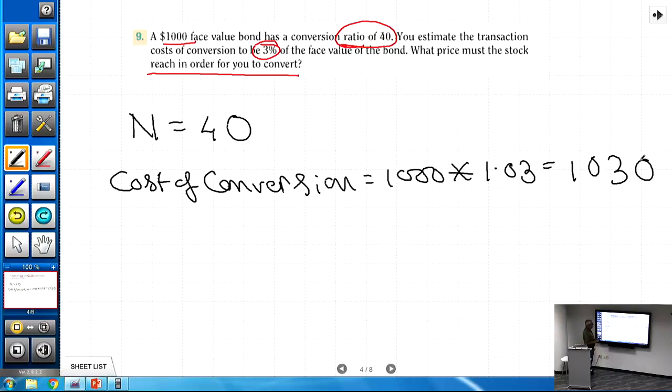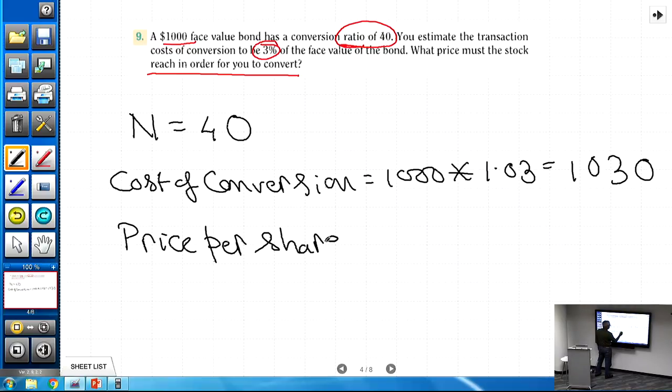And then the required price per share would simply be 1,030, which is the total cost inclusive of conversion, divided by the number of shares, which is 40, which gives me a share price of 25.75.